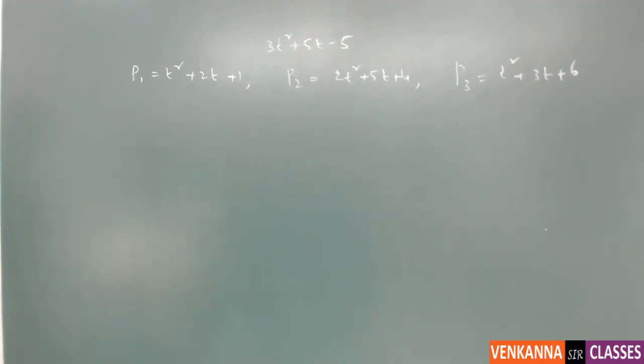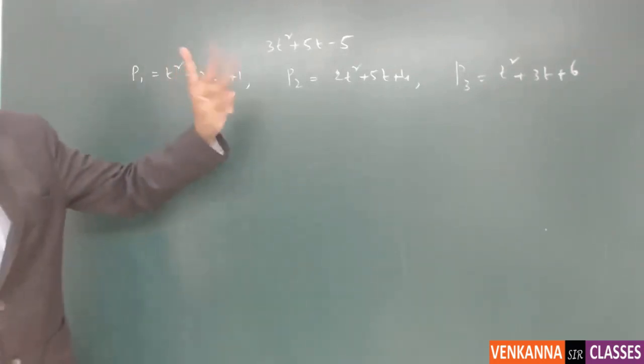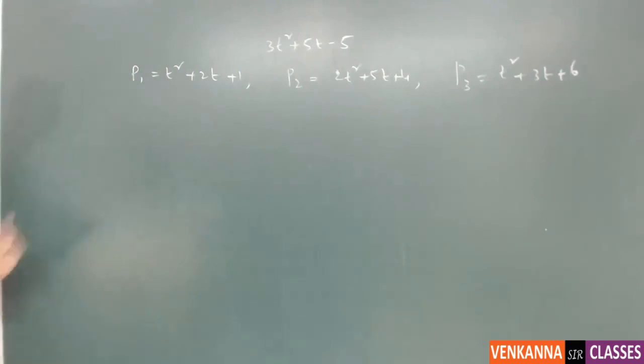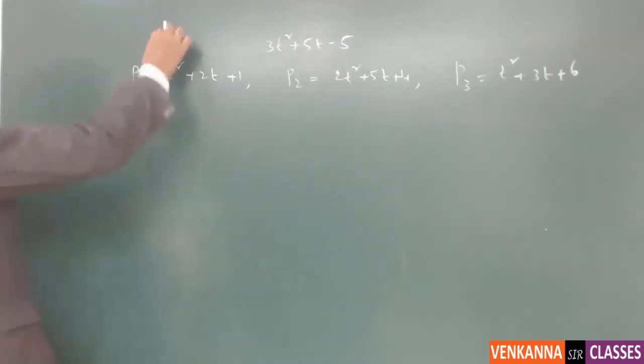I want to represent that polynomial as a linear combination of the three polynomials p1, p2 and p3. So this is a problem based on linear combination.